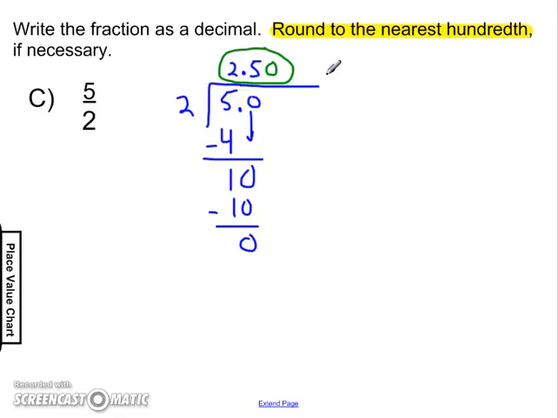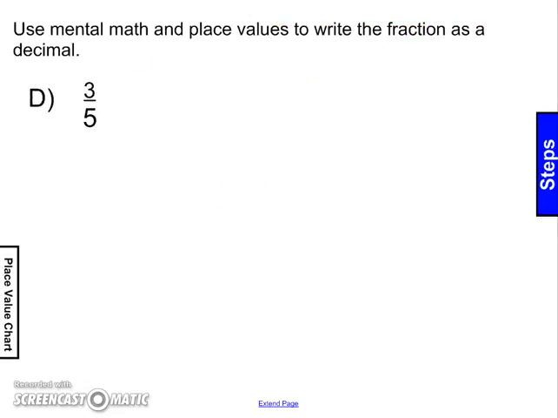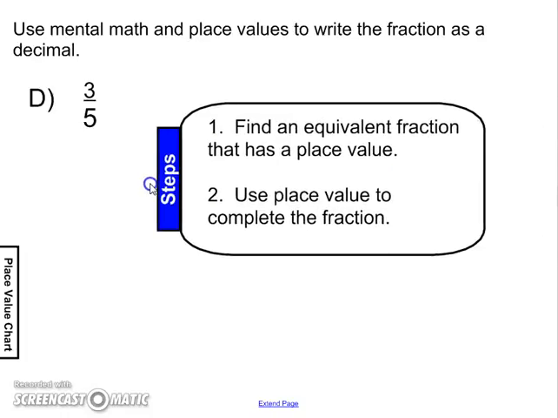But if the directions say to round to the nearest hundredth, we probably should do it. Okay, so for technicality's sake, 2 and 50 hundredths would be the correct answer. Okay. Use mental math and place values to write the fraction as a decimal. Okay, so, and let me get the right tools out here.